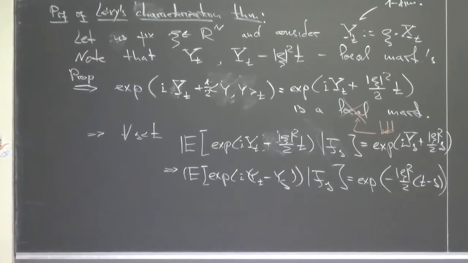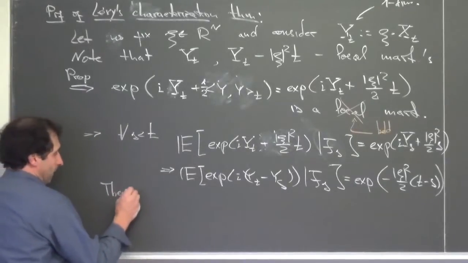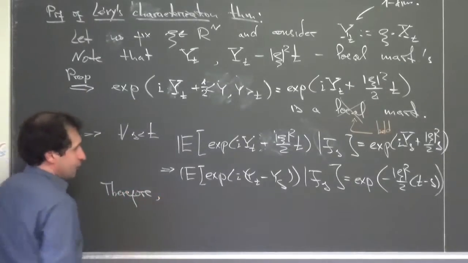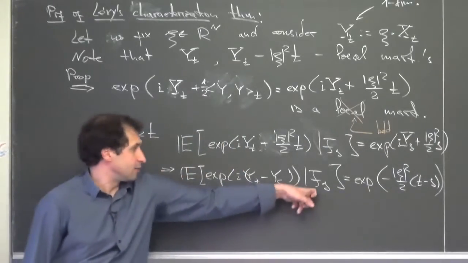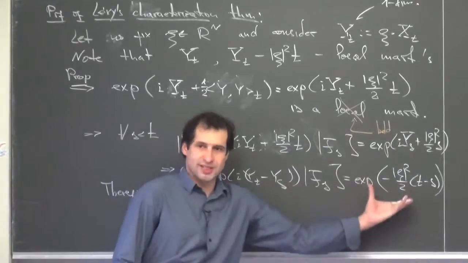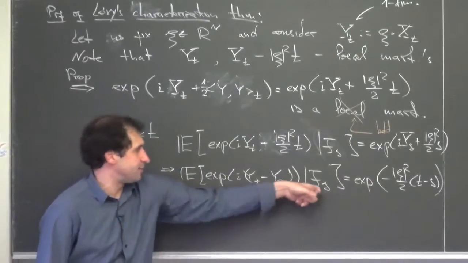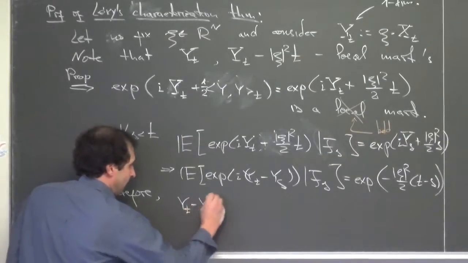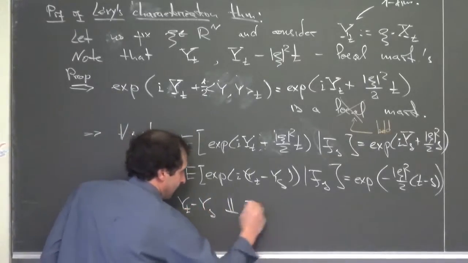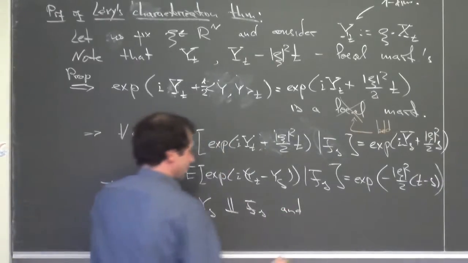And basically that's it. Because first you see this is independent of Fs. I mean, this is just some number, right? So it means that this variable is independent of Fs, and is normally distributed.